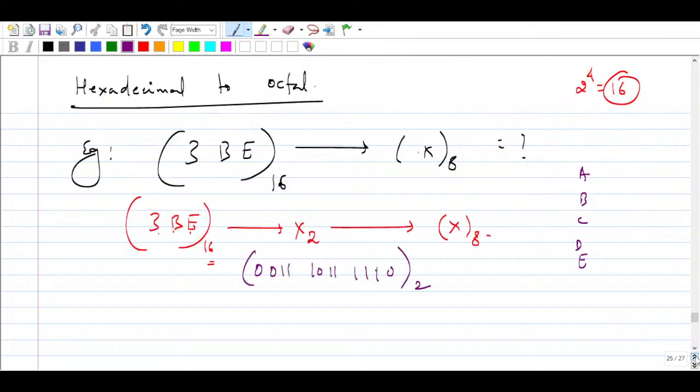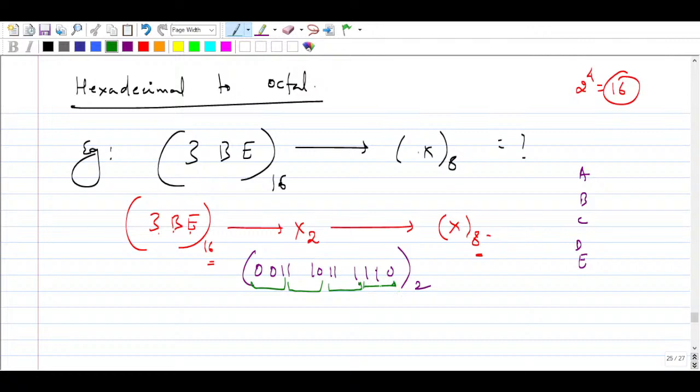Binary conversion is very easy. And now what you have to do, as you are converting into base 8, is pair 3 binary bits.